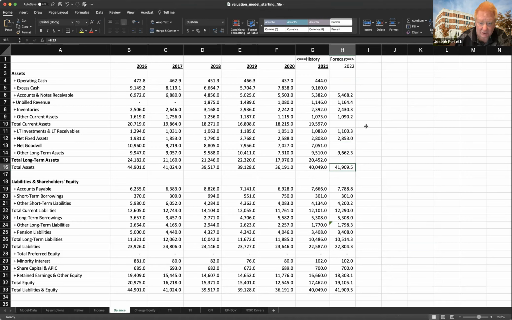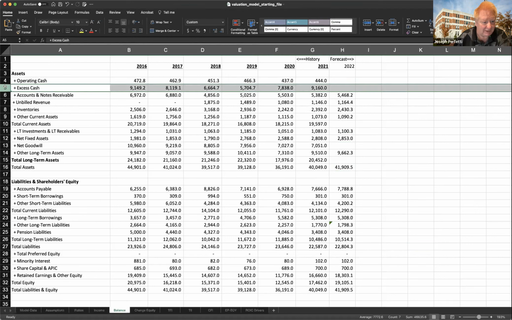So we're going to solve for one of these that actually makes them all add up to 41,909.5. The plug is excess cash. So in our model, we're going to solve for excess cash once we forecast the rest of the assets, which means we have two more assets that we have to forecast: operating cash and goodwill.